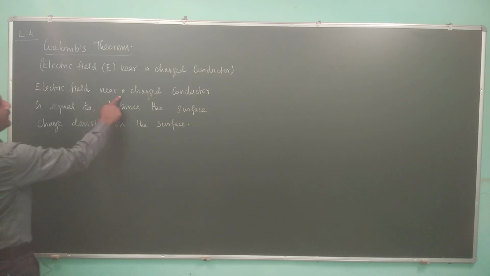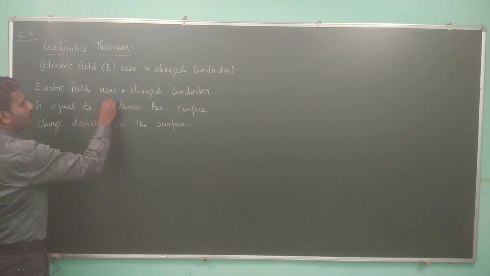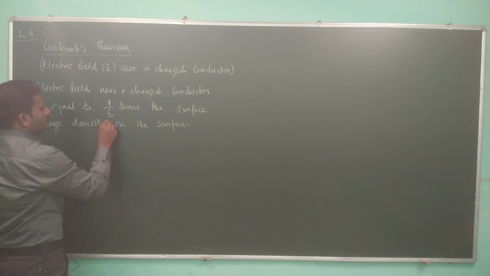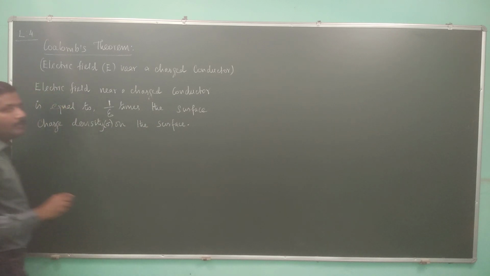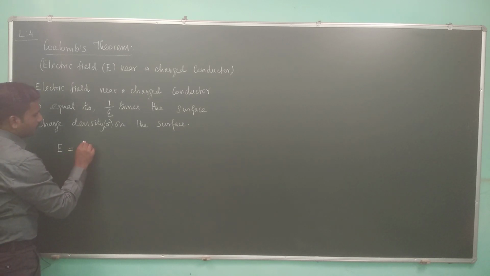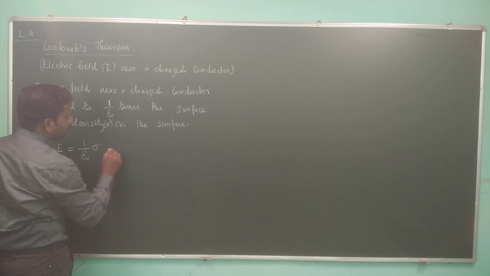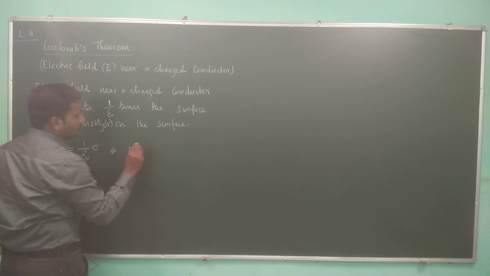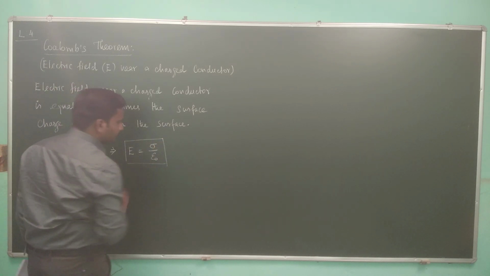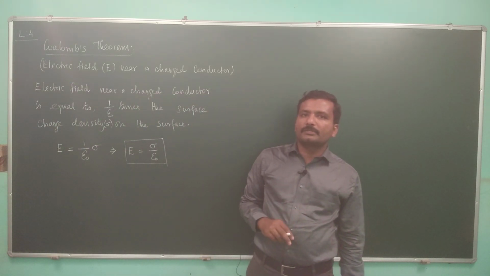This is denoted by sigma. That is, we can denote E equal to 1 by epsilon naught times sigma, or simply E equals sigma by epsilon naught. And this is the statement of Coulomb's theorem.